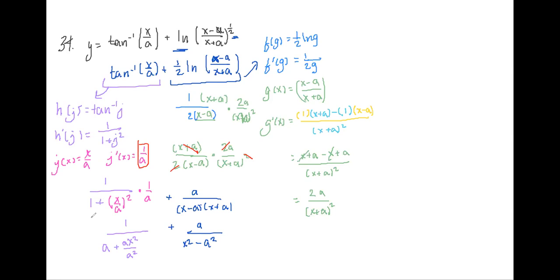I basically just distributed that a. So that is going to cancel like this, and it's going to be x squared over a. And our final answer is actually right here, because it's the derivative of this chunk plus the derivative of this chunk. And that is going to be dy dx right here.